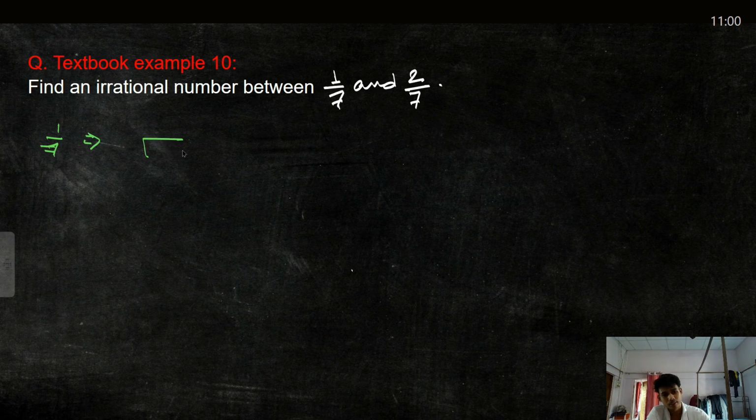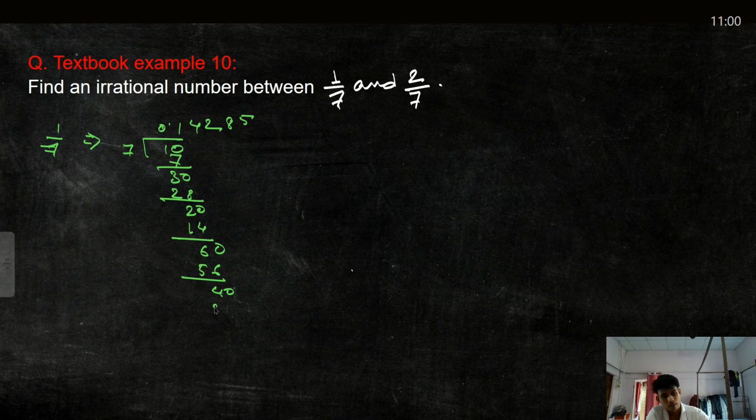Now 1 by 7, if we solve by long division: 7 times 0 is 0, 7 times 1 is 7, 4 times 7 is 28, 3 times 7 is 21, 2 times 7 is 14, 6, 8 times 7 is 56, 5 times 7 is 35, 7 times 7 is 49, 1, and then again this whole part will repeat itself.